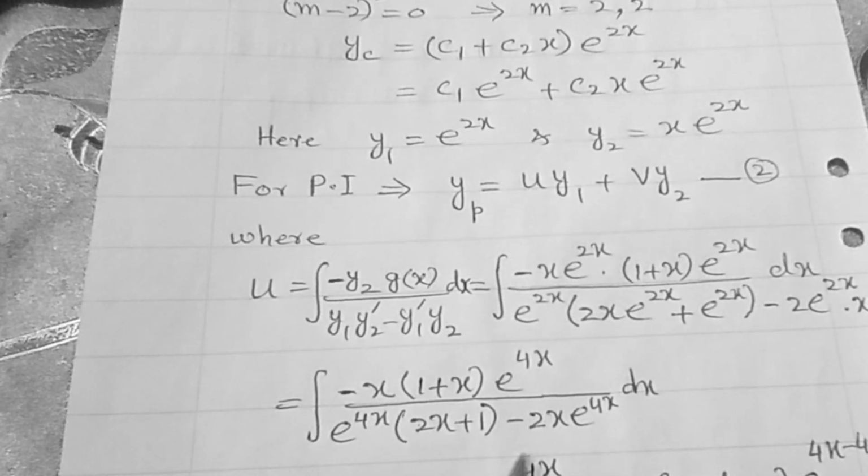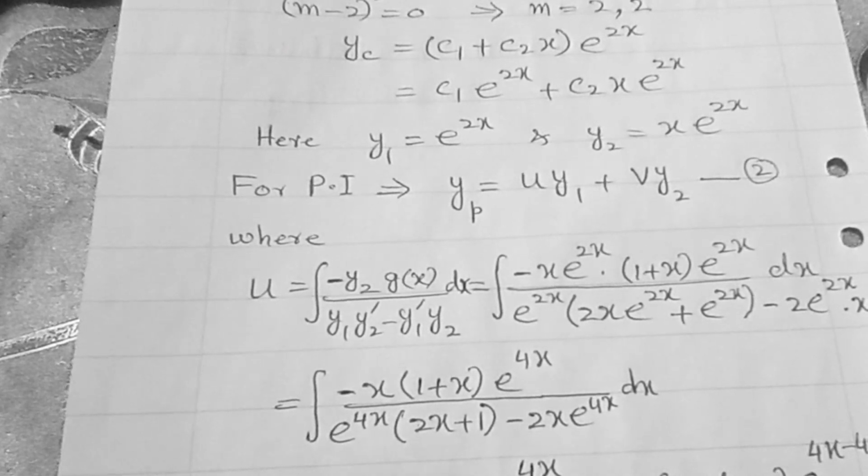Now after multiplication, taking exponential 4x common, the rest of the terms cancel out, and only 1 remains in the bracket. What happened here is that e raised to the power 4x is in the denominator and e raised to the power 4x is in the numerator.